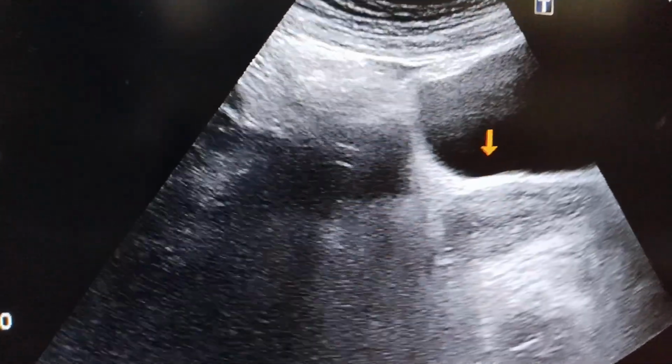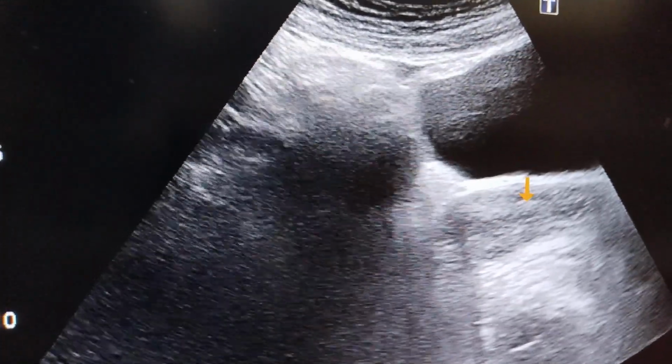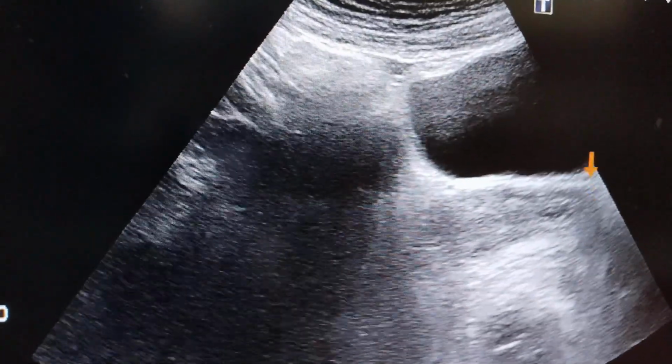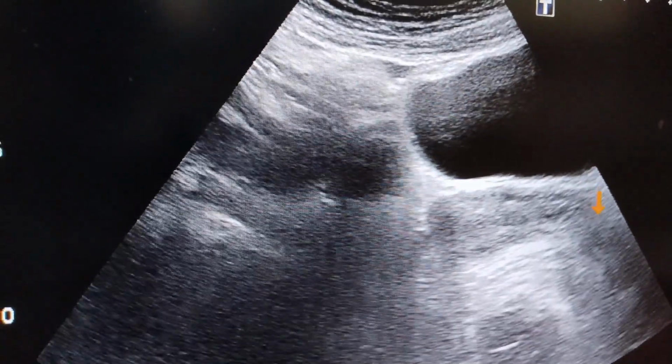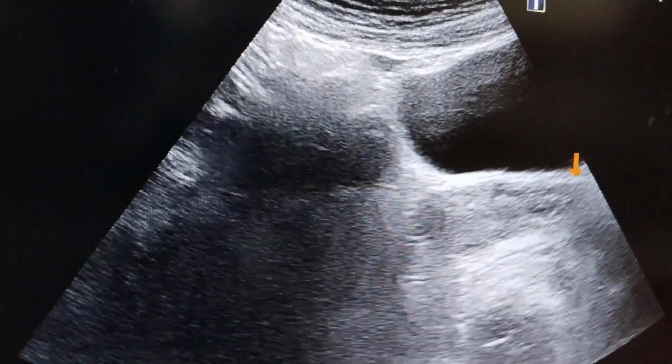Now look here, fundus, uterine body lying posterior to the urinary bladder, and this is the cervix, which is lying below its normal anatomical location.